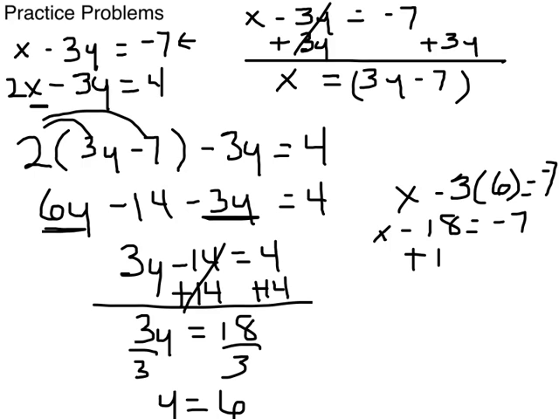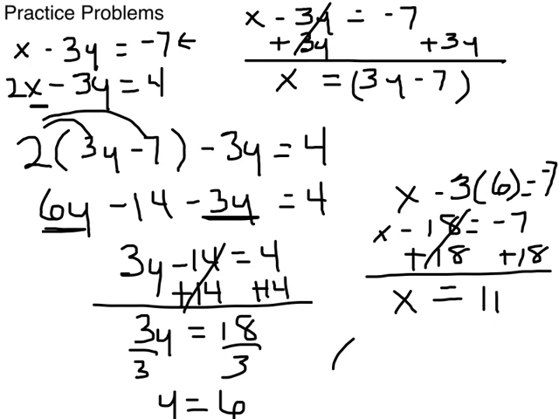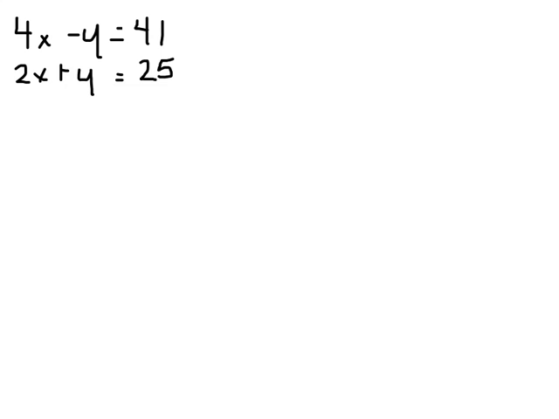I'm going to add 18 to both sides of the equal sign. And x is equal to 18 minus 7, or negative 7 and positive 18, is positive 11. So x is 11, y is 6, and that is my answer.